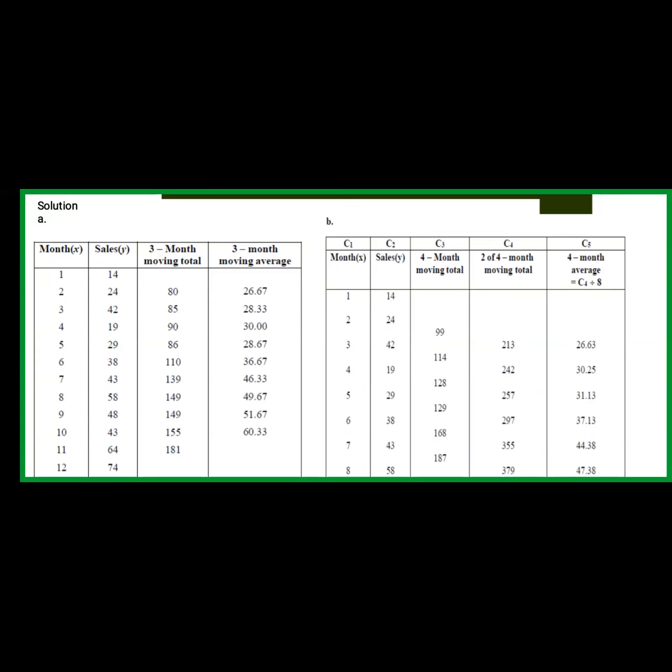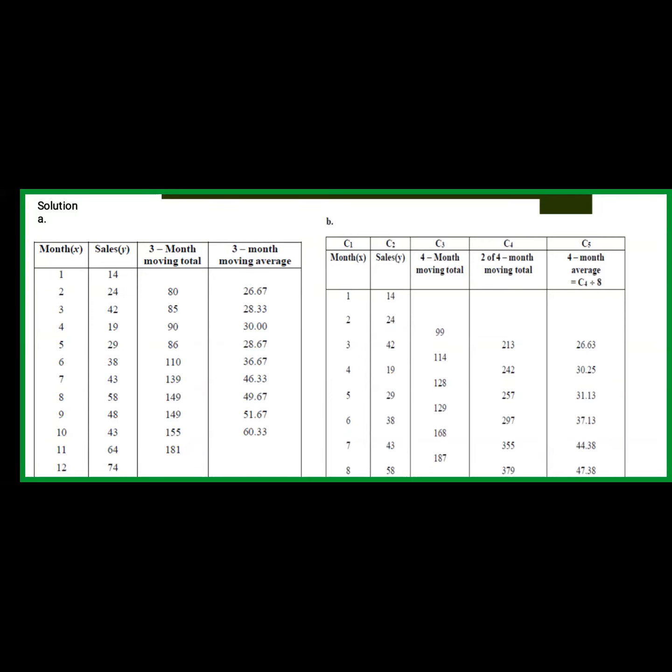Okay, let me ask you a question. Go back to this C3. The figures for each of these in C3 are 4 moving totals, right? Am I right? Yes. 99 is 4 moving totals, right? Yes. 114 is 4 moving totals, right? Yes.